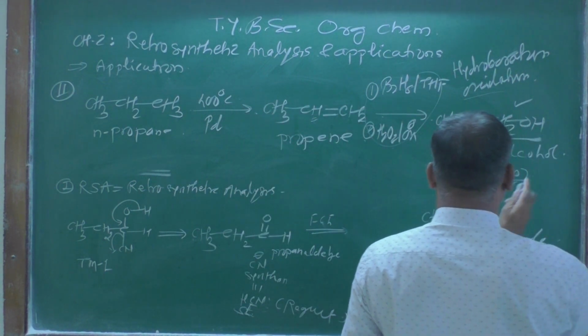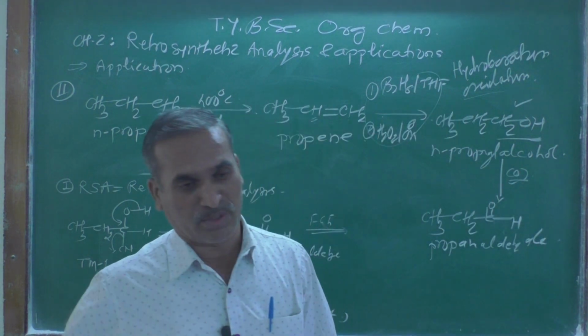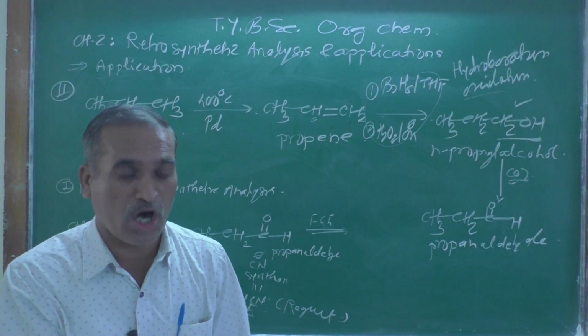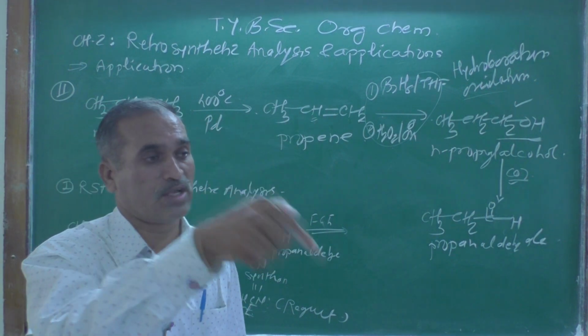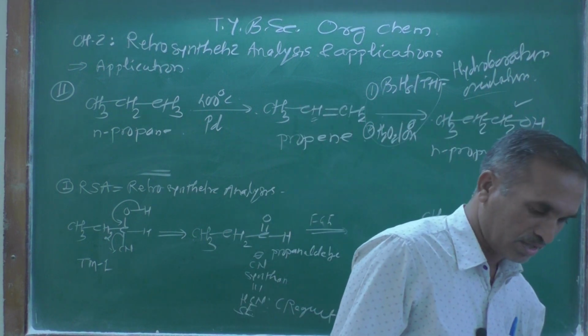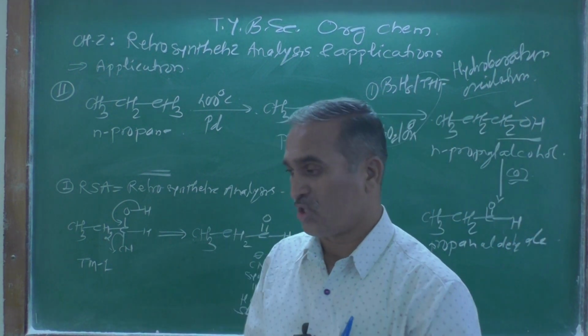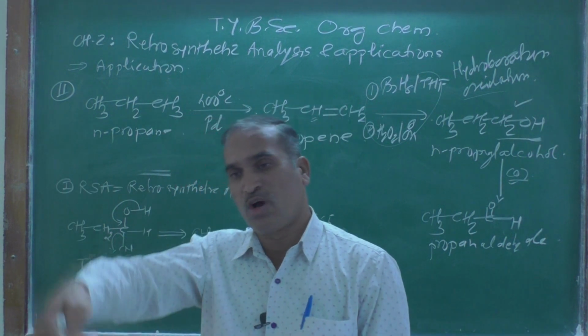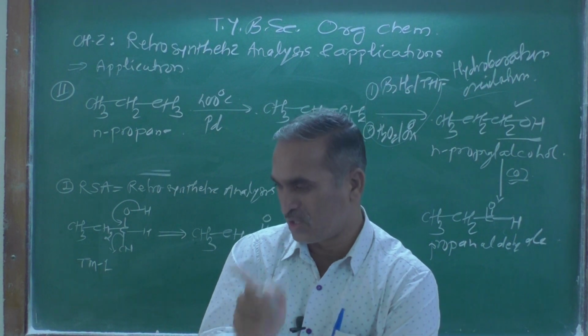In terms of organic chemistry, oxidation means what? Removal of hydrogen atom, or in another way, addition of oxygen atom is known as an oxidation reaction. And reduction means what? Addition of hydrogen atom or removal of oxygen atom is called reduction.